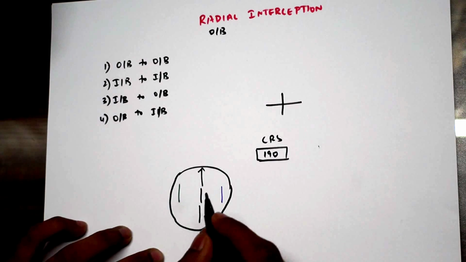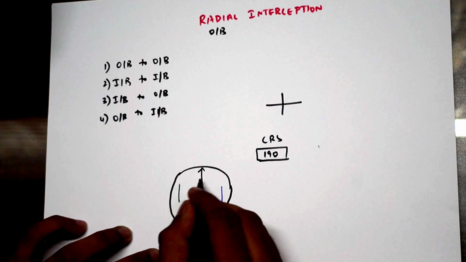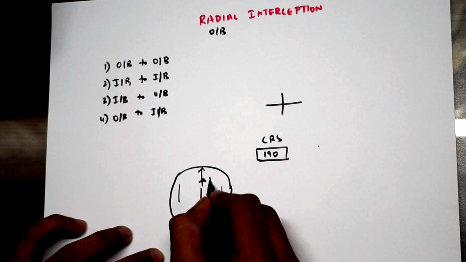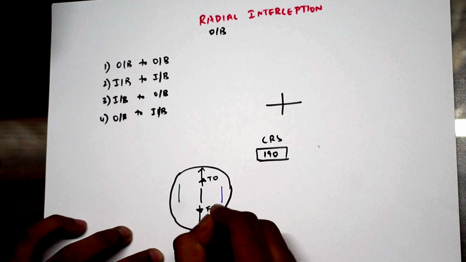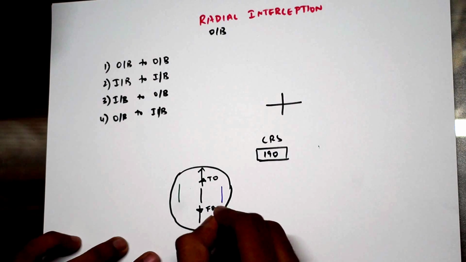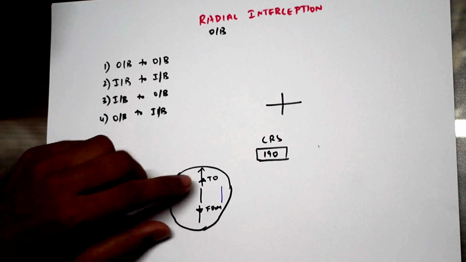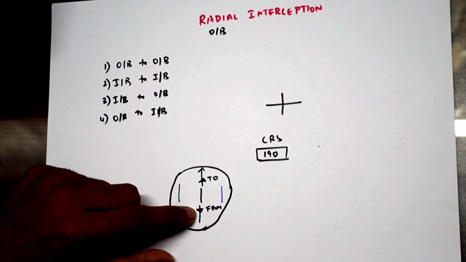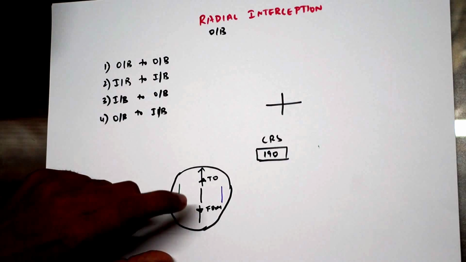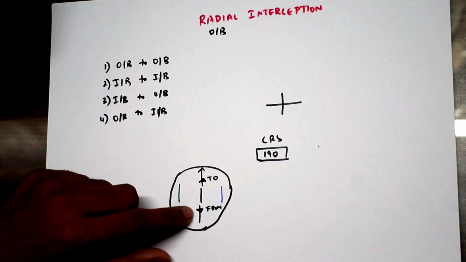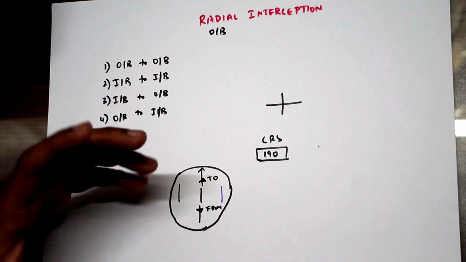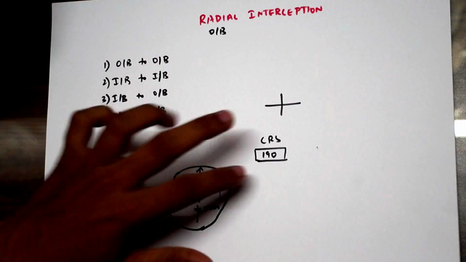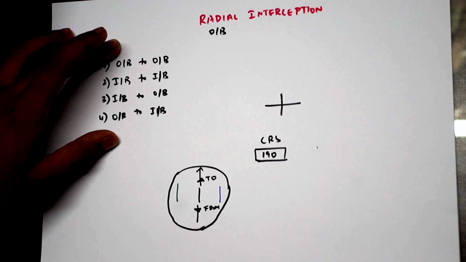There's also an arrow mark here, with two pointers: this one is the to indicator, this one is the from indicator. If you're going towards the station, the to indicator will be on, and if you're going away from the station, the from indicator will be on. The key important part is what exactly course you set in the course window, and all your radial interception will depend on this.